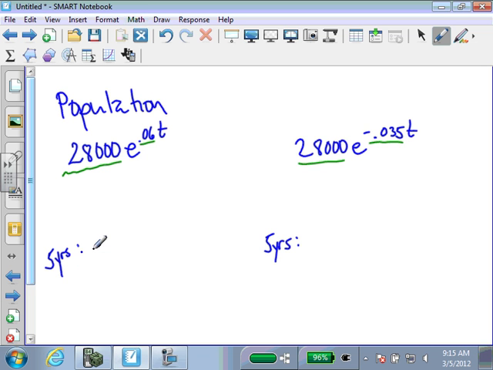So in 5 years, we would just plug in a 5 for t in each of these formulas. Okay, so this is showing 6% growth, and this is showing 3.5% decay.